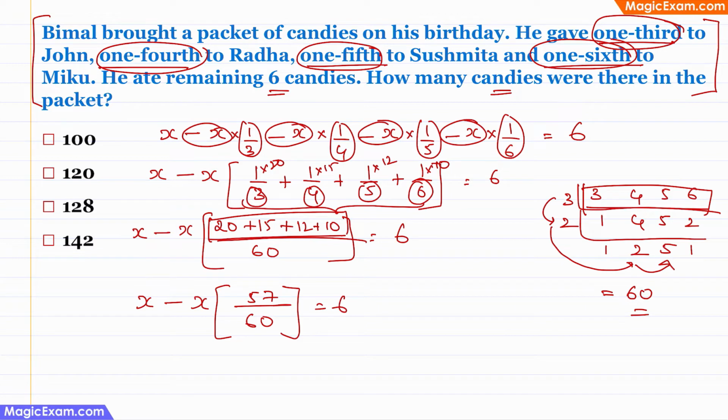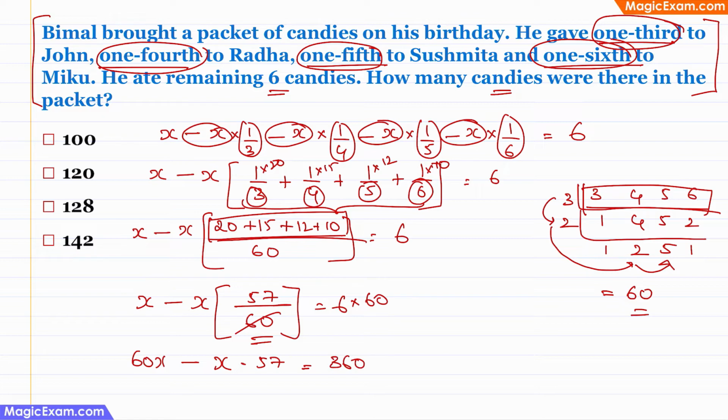So now to simplify this, let us multiply all of these different parts with 60 so that we can eliminate this 60. So it will become 60x minus x into 57, because we have multiplied this with 60, this 60 gets cancelled, is equal to 6 into 60, that is 360.